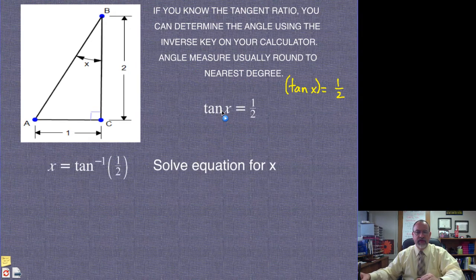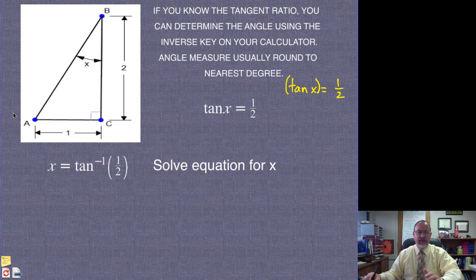So what I need to do here is apply the inverse tangent function, and this, you remember, is using the word tangent and then indicating with a -1. This represents the inverse tangent of 1/2. So this is my equation solved for x. X is equal to the inverse tangent of 1/2, and this would be my exact answer.